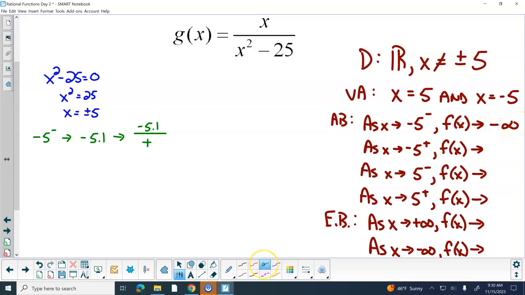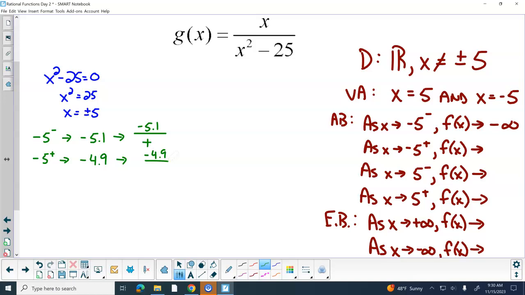If I go right side of -5, that would be like -4.9. If I plug that in, now I've got -4.9 divided by something that's a little, when I square -4.9, it's going to be a little smaller than 25. Right? Did anybody square 4.9?